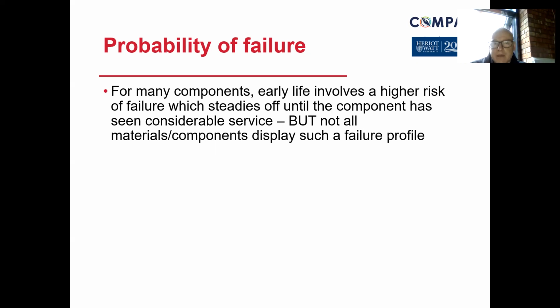Probability of failure: for many components, early life involves a higher risk of failure. Think about running in, as an example. Cars and engines needed to be run in before they were sent out. Sometimes the manufacturer would say, for the first 500 miles, don't exceed 50 miles per hour. Then when the engine's run in, we know it's capable.